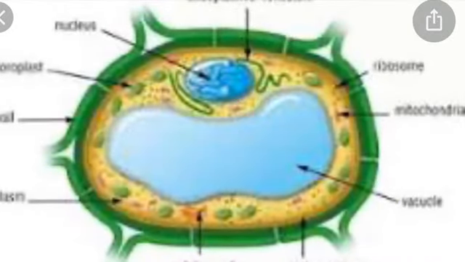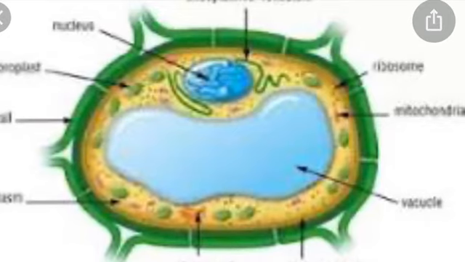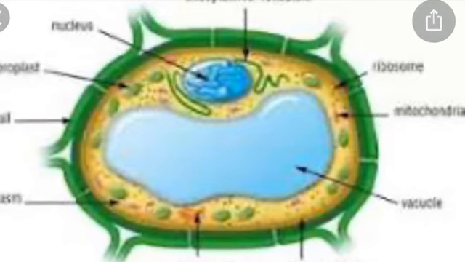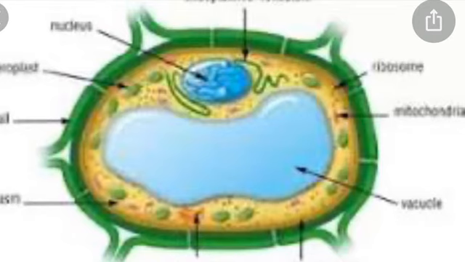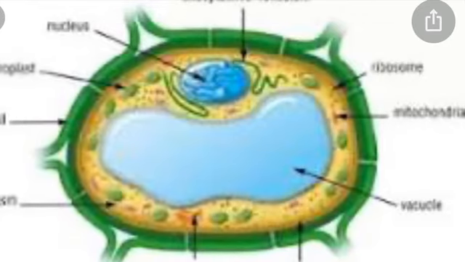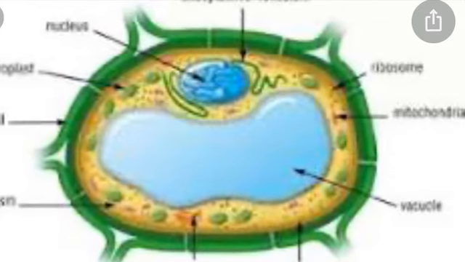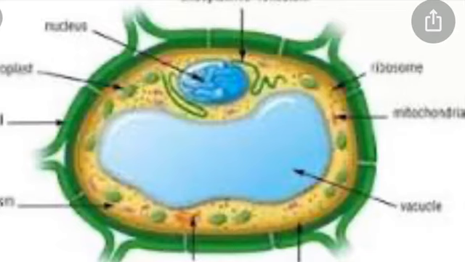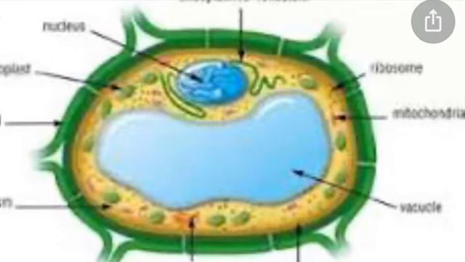They are so large and central that students often mistake the vacuole in plant cells as the nucleus. I'm telling you that ahead of time so that when you look at plant structure, you're paying attention that the vacuole is what is actually large and in the center of plant cells.